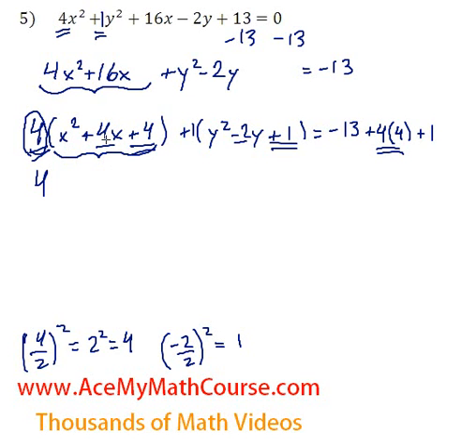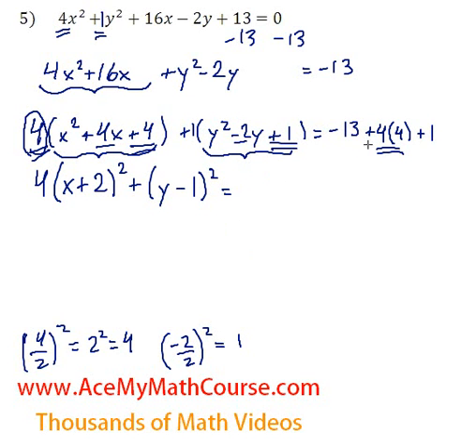So factoring x squared plus 4x plus 4, we're going to have x plus 2 squared. Okay, now let's factor y squared minus 2y plus 1. Once we factor that, another perfect square trinomial, we're going to have y minus 1 squared.